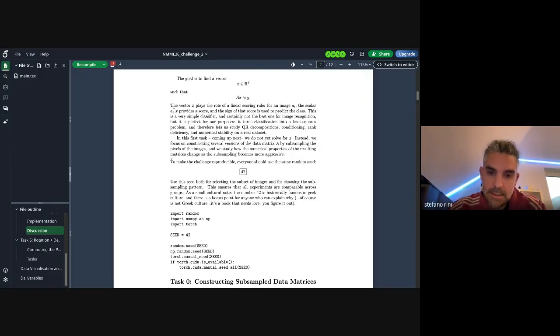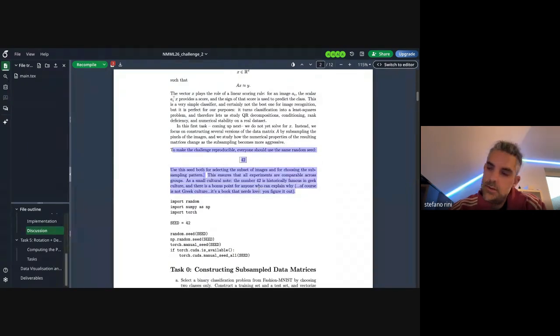So this is another point. Please try to implement it as here. Since there is going to be some random subsampling of the images, please fix the randomness, fix the random seed to be this 42. So you just use these lines.